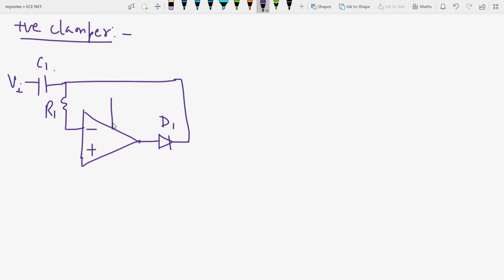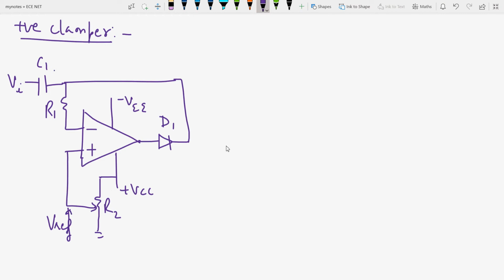This is minus VEE, and this is plus VCC, and here is the reference voltage. Okay, and R2 is connected to the biasing network, that means R2 is connected to the supply voltages. Now this is your V reference.